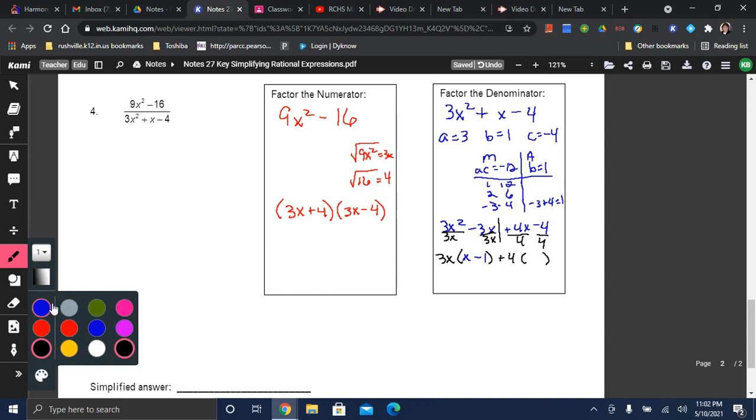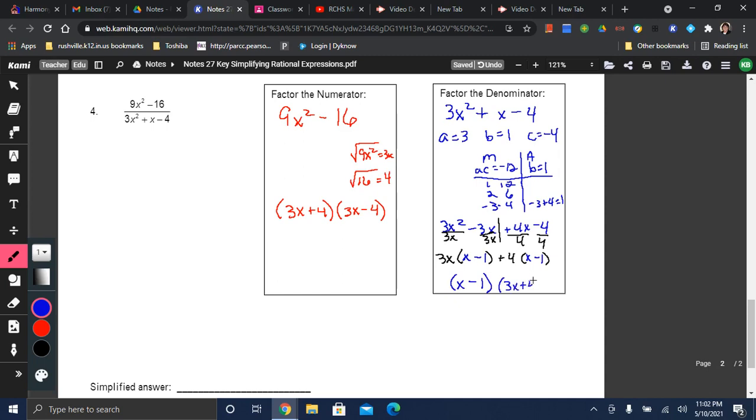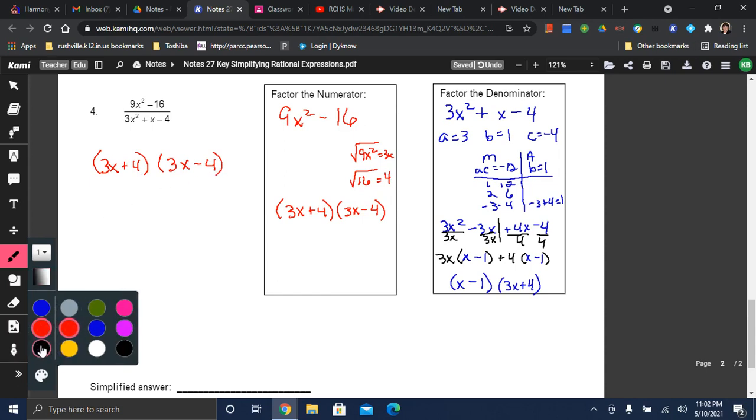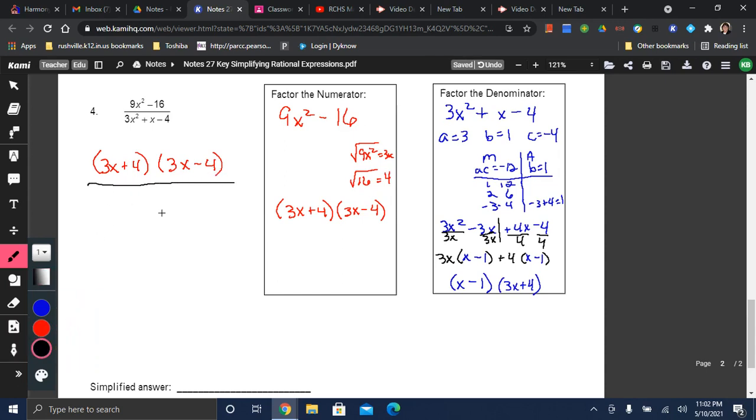And then inside the parentheses have x minus 1, so that our factors are x minus 1 and 3x plus 4. So as we put this back together, we have 3x plus 4 and 3x minus 4 as our numerator. As our denominator, we have x minus 1 and 3x plus 4.